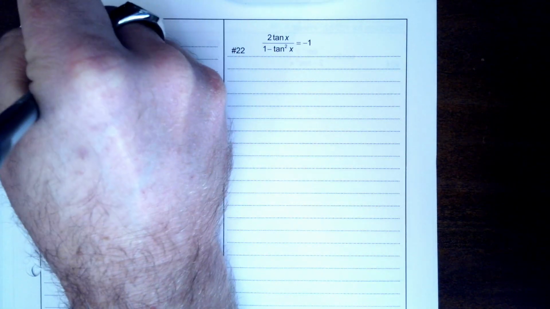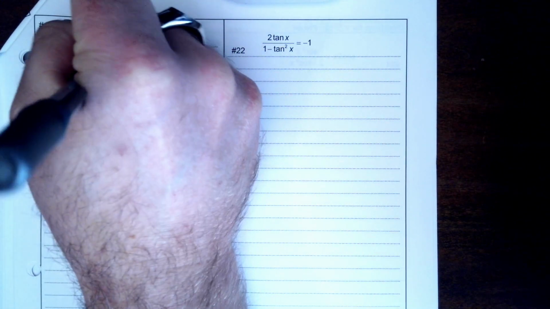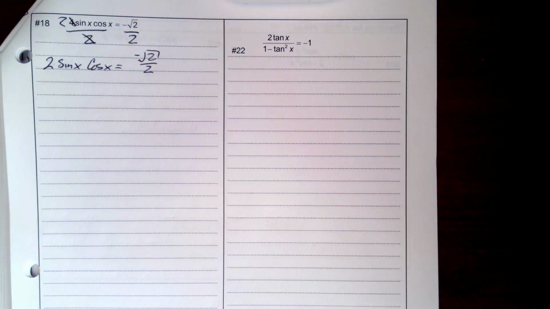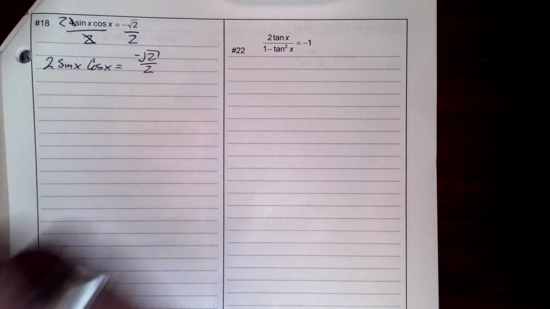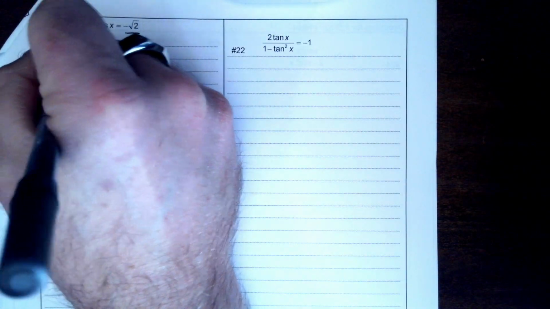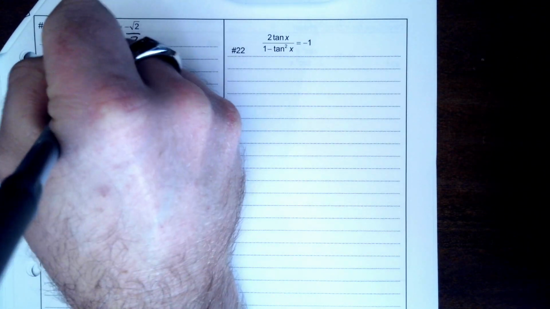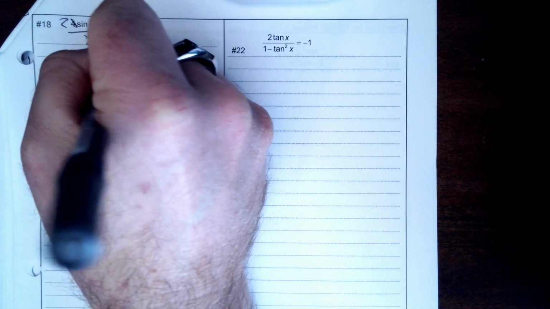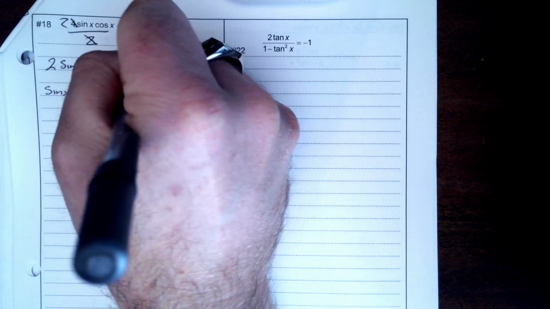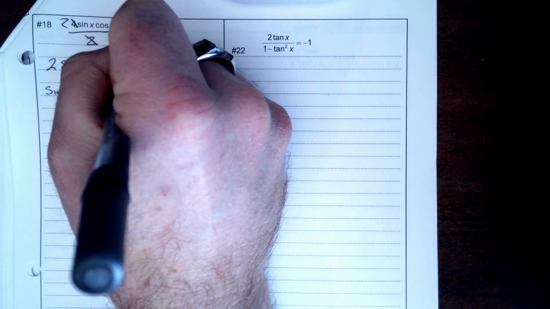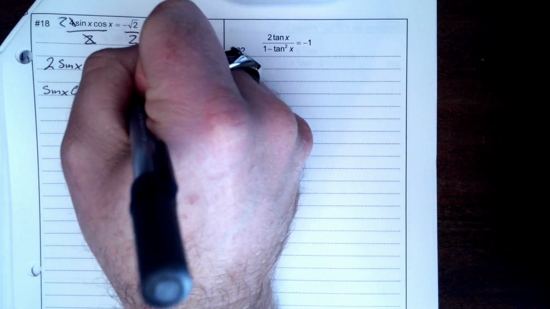So we have 2 times the sine of x times the cosine of x equals negative root 2 over 2. 2 times the sine of x times the cosine of x sounds a little bit like the sine of x times the cosine of x plus the sine of x times the cosine of x.